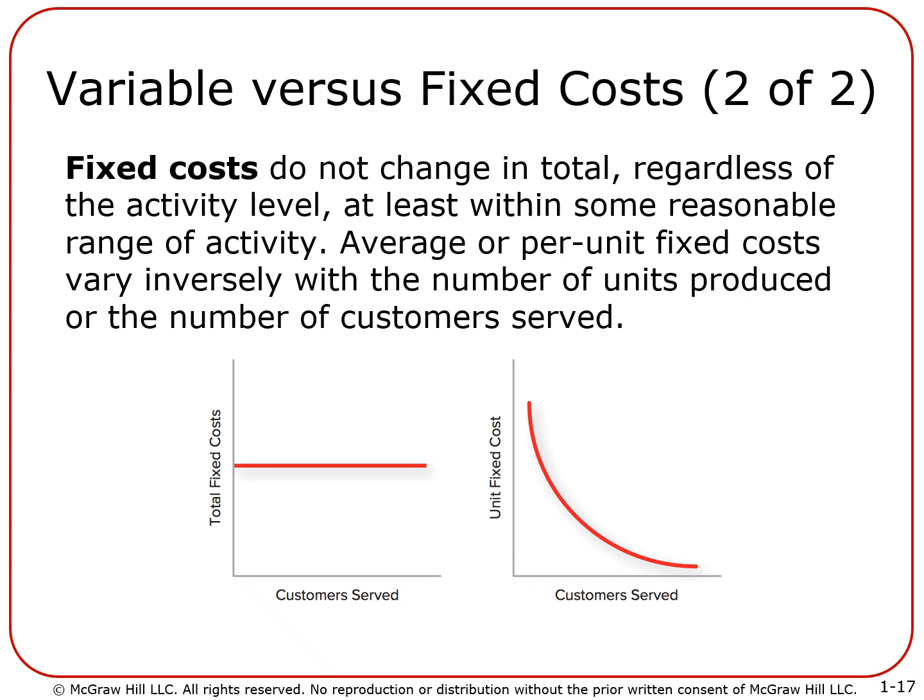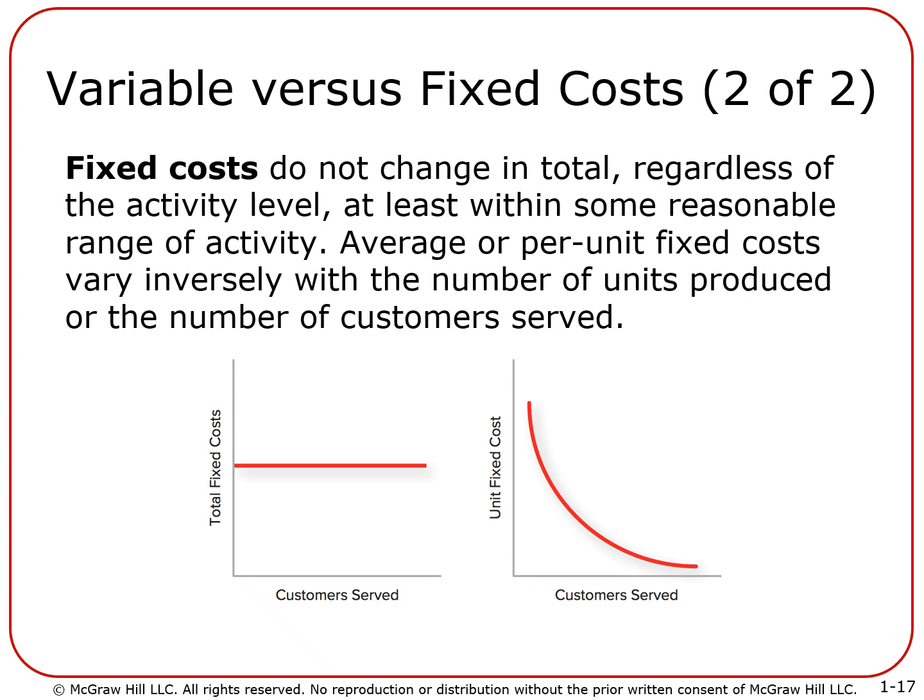However, the unit fixed cost line is a downward sloping line. Why is that? Because on a per unit basis, as we keep on serving more and more customers, unit fixed cost decreases. For example, my total insurance expense for a month is $100, right? If I serve only 5 customers, that's $20 a piece, 100 over 5. On the other hand, if I serve 100 customers, it's $1 a piece, 100 over 100.